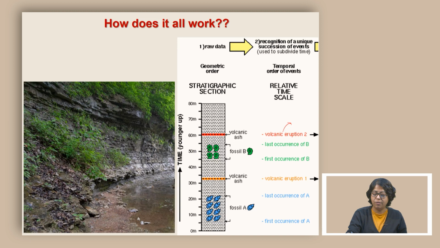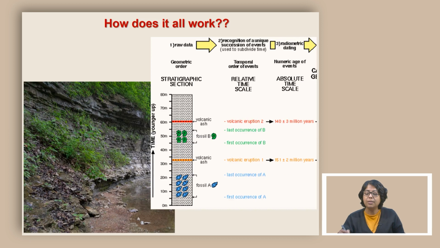So, let us say we find the first appearance of these fossils in this strata and the last appearance of this fossil in this strata, and the same thing is true for this different type of fossil at a lower strata. Now, this is the arrangement of the relative time scale, and now we start attaching the absolute age, and the way we do it is by analyzing this volcanic ash with a suitable radioactive dating method.